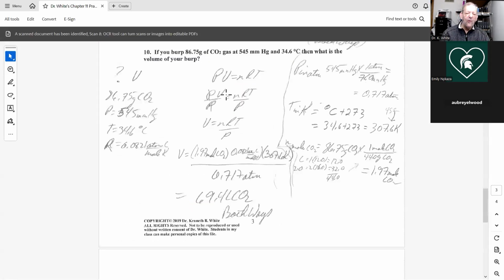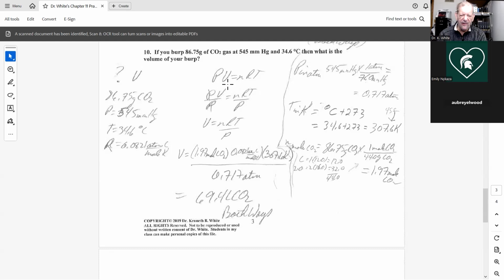So when you look at this problem right here, is anything changing? No. It's dealing with a gas. Therefore, we're trying to find volume and nothing is changing. That tells you should use PV equals nRT. And here I have PV equals nRT.